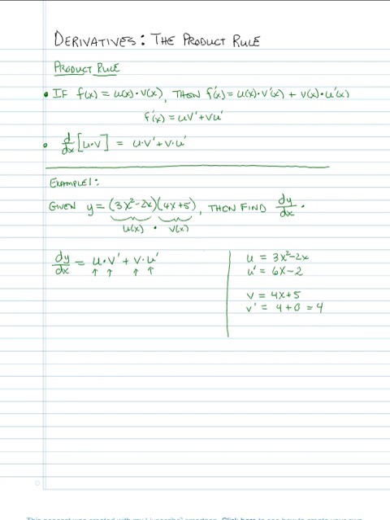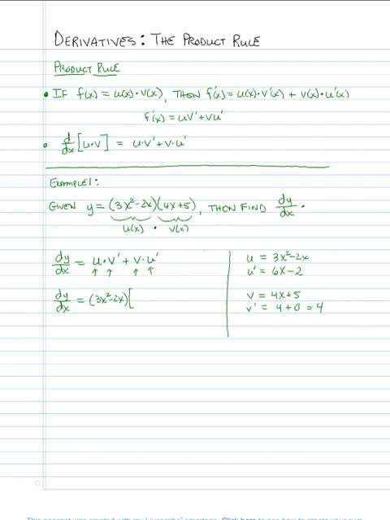And now we have all of the components we need to put into the derivative formula, the derivative of a product, that is. We'll replace u in the formula with 3x squared minus 2x. And then we'll replace v prime. A lot of times I put the result of a derivative in brackets.